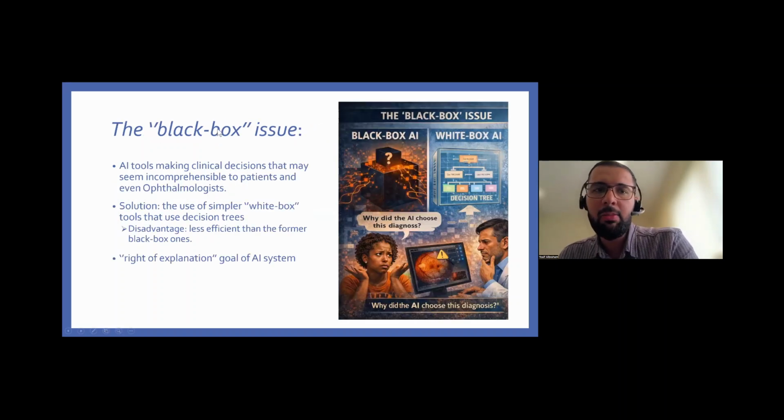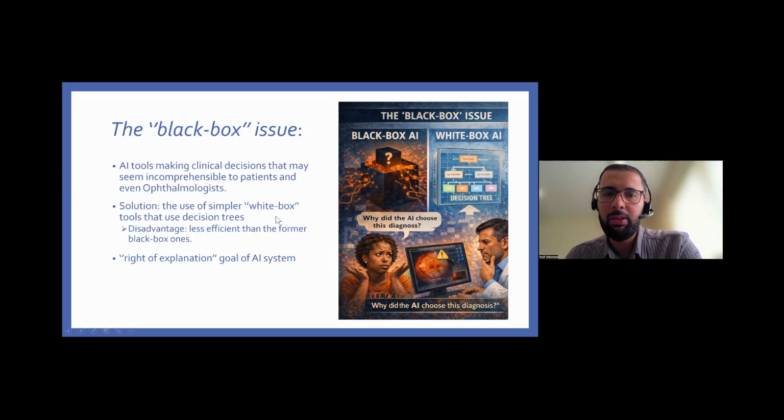The other thing is the black box issue. What we mean here is you enter some variables to the AI system, and it comes up with a diagnosis or a plan that you actually don't know how the AI system came up with. That's what we call the black box issue. So the AI system doesn't provide you with an explanation or the pathway that it undertook on how it came up with that specific diagnosis or decision.